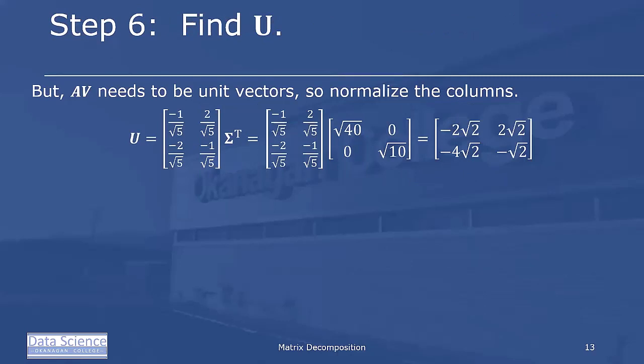So taking the matrix, multiplying it by sigma transpose, which is root 40, 0, 0, root 10, we get negative 2 root 2, negative 4 root 2, 2 root 2, and negative root 2.